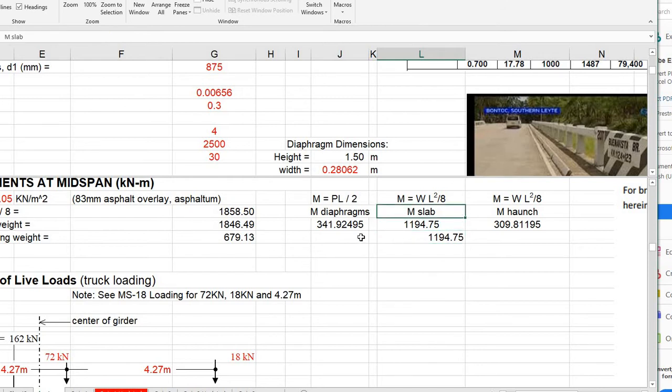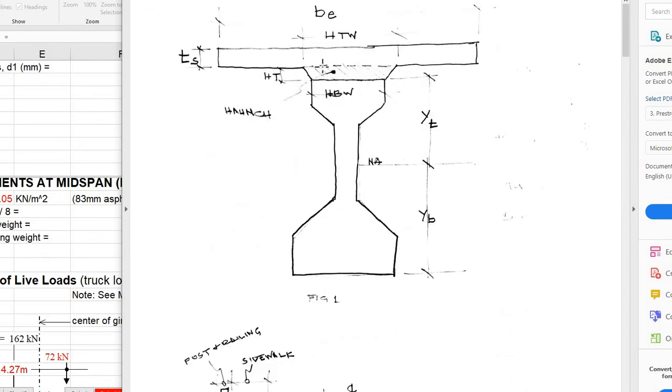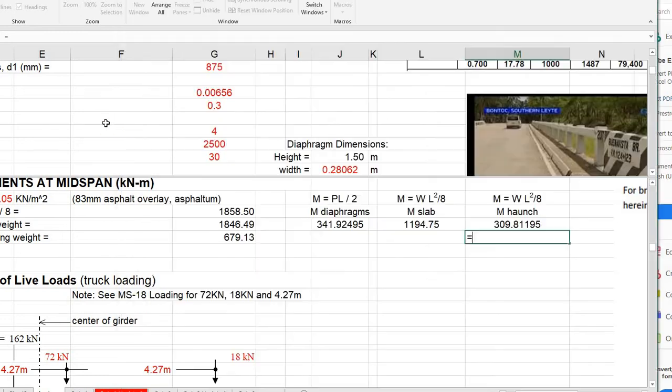Next, dito tayo, moment due to haunch weight naman. Again, haunch is this part. Okay? Ito yung na-compute natin due to slab, tapos ngayon due to haunch. Yan. So again, 23.6 multiplied by the area.